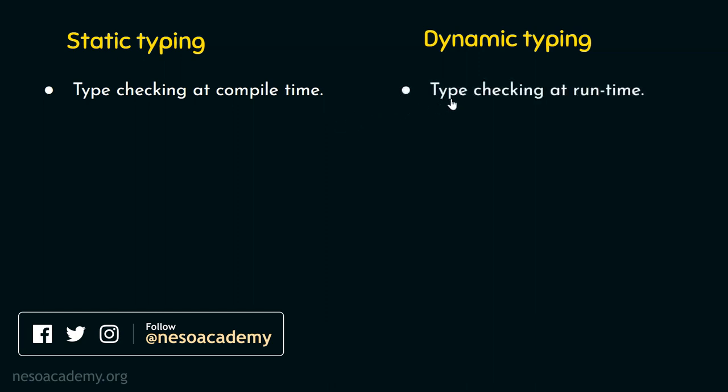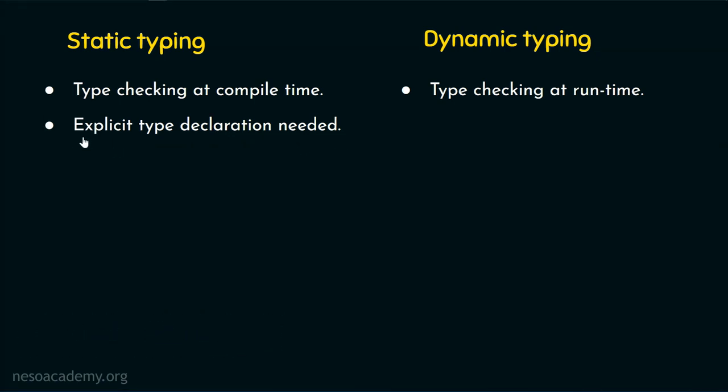Whereas, in dynamic typing, the same type checking is done when the program is executed. Moving on, in static typing, explicit type declaration is needed. As a developer, it's our responsibility to explicitly define the type of the data that we are writing in the program. The same explicit type declaration is not needed in dynamic typing.